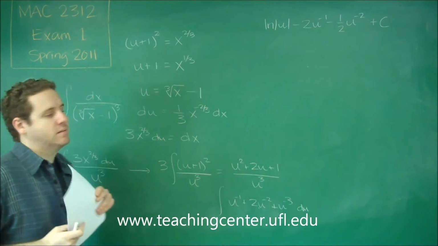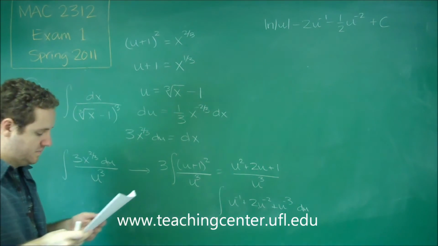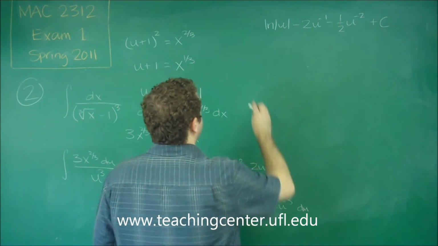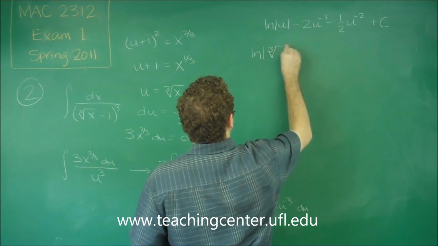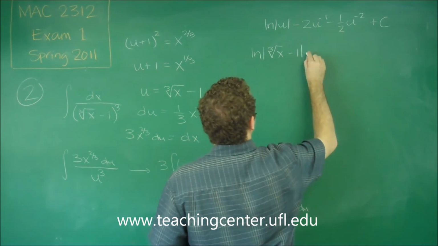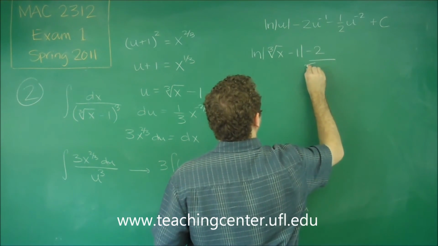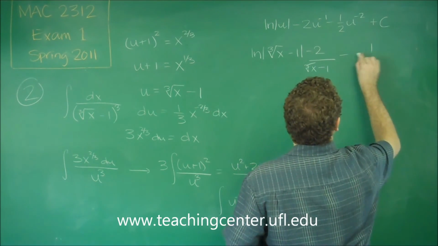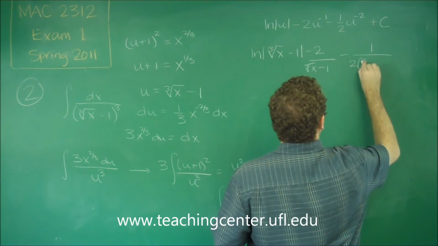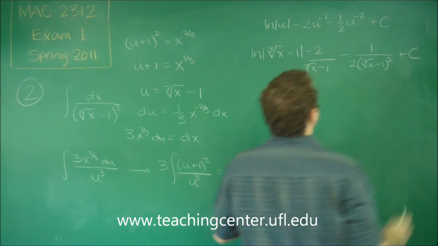But we need to put that in for u at the end, obviously. Our answer has to be in terms of x. So we have ln of cube root x minus 1, minus 2 over cube root x minus 1, minus 1 over 2 times cube root x minus 1 squared, plus c.